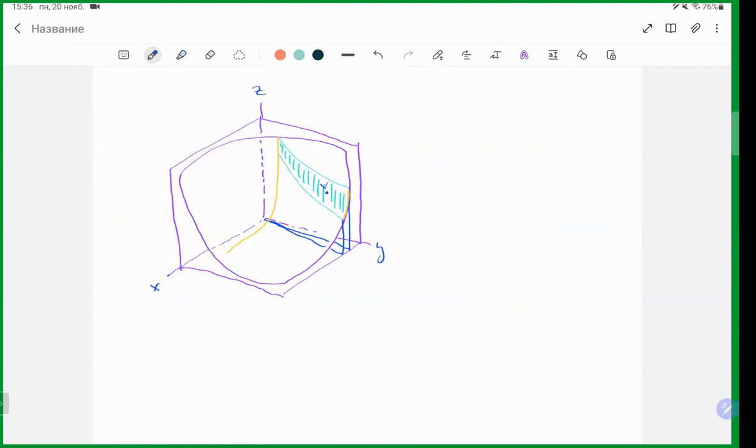Now, the effect that I want to use is that this point is high enough so that its third coordinate is not too small.